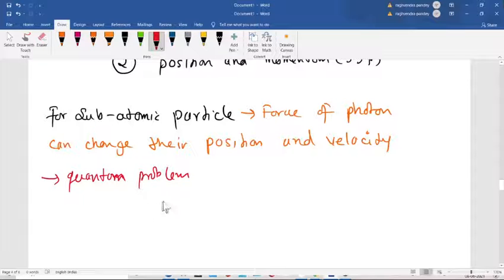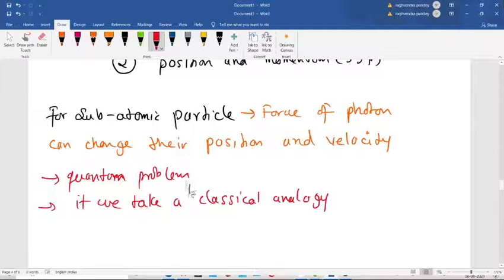Quantum problems and classical problems are a bit different. In quantum problems, we don't see any classical thing. Classical means Newtonian physics, F equals m a and all that. These equations don't work on subatomic particles because they are very, very small. Now this is a quantum problem, but we can take a classical analogy, something similar to this.